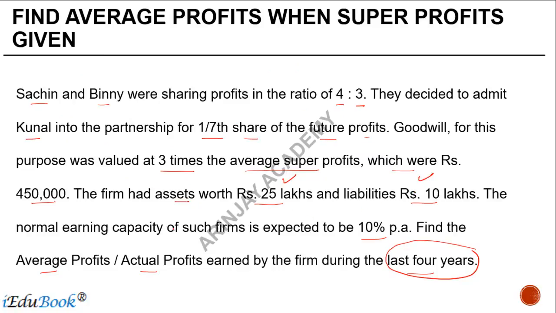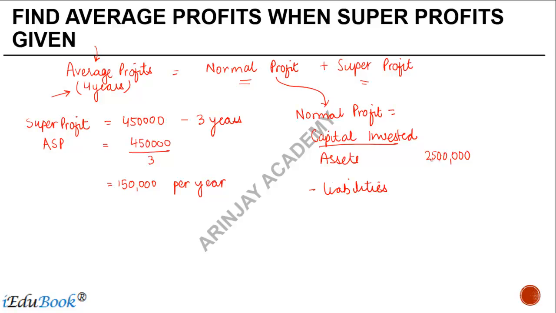The normal earning capacity of such firm is 10%. So 25 lakh for the assets, 10 lakh for the liabilities. When I reduce it, I get 15 lakh as the capital invested.